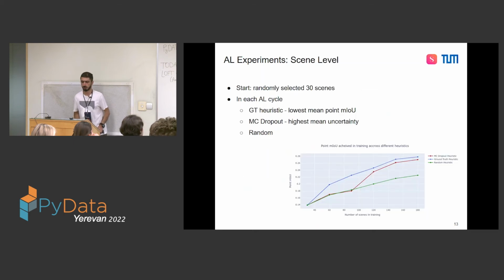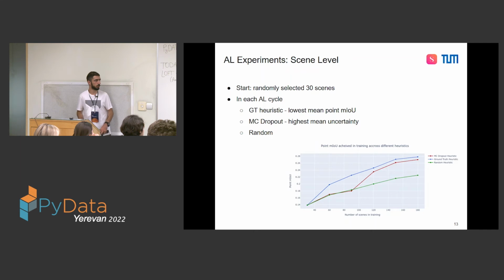So let's start with the highest granularity level, which is the scene level. We start with 30 randomly selected scenes. In each active learning cycle, the ground truth heuristic, as I said, selects the 30 scenes where our model performs the worst.